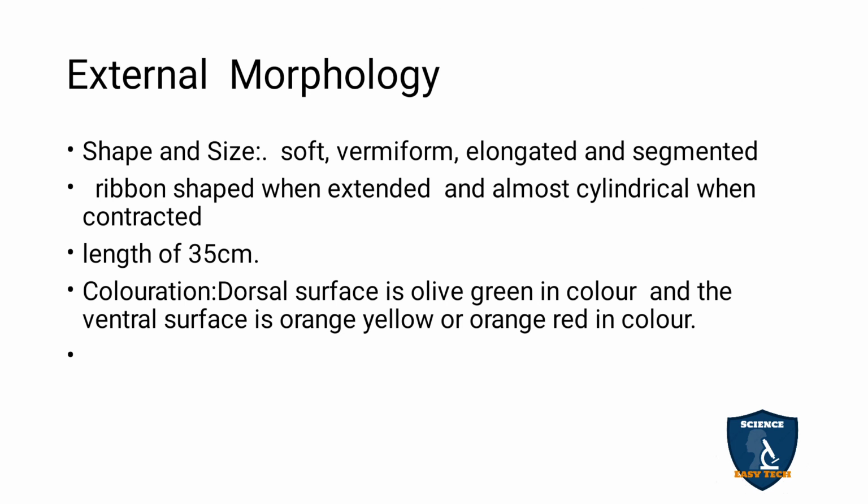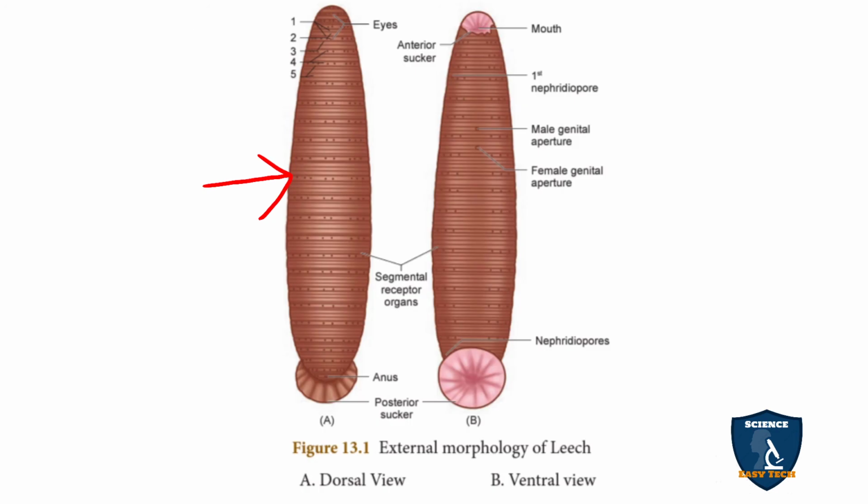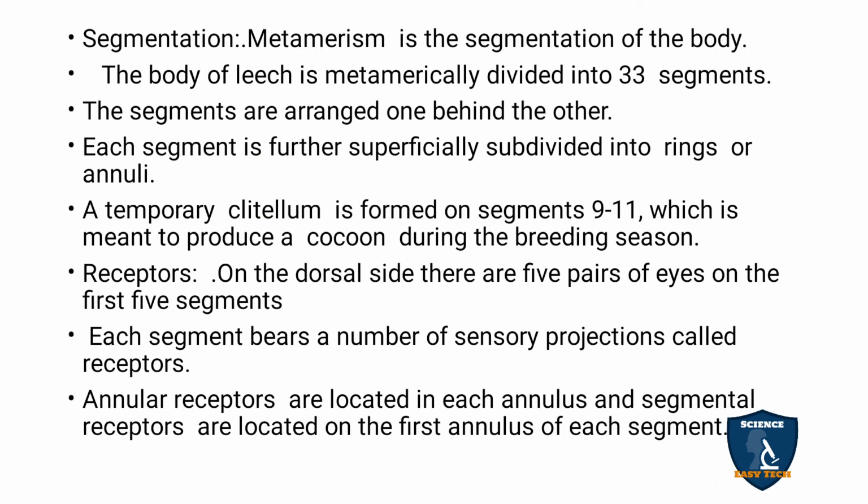Ventral means lower side; it is orange yellow or orange red in color. You can see the color variation here: this is olive green, and this lower side looks orange.